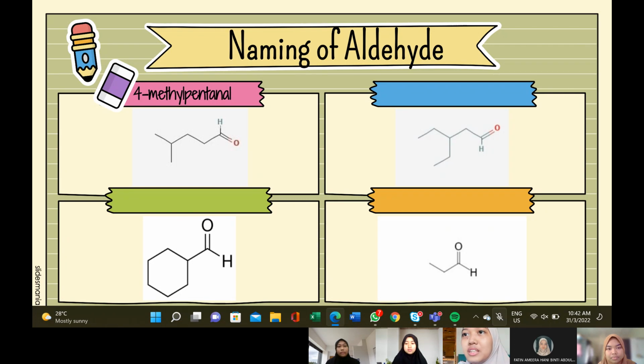Then we see there is a methyl on the fourth carbon, and "al" represents the suffix of aldehyde. So it makes this structure's name 4-methylpentanal.